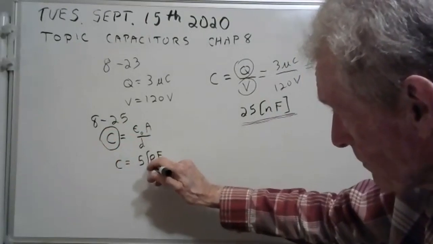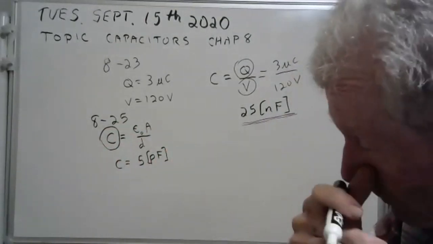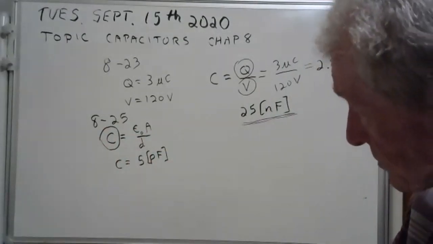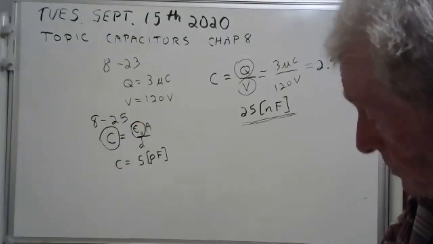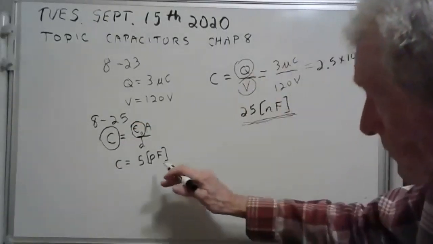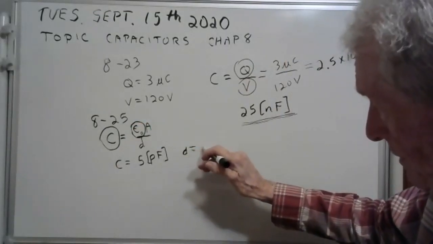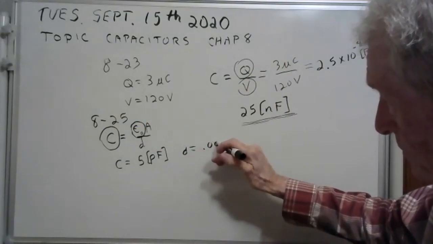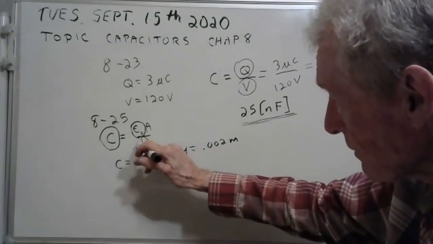Now, a pico is 10 to the minus 12. That doesn't scare us. And the distance apart is 2 millimeters, so that would be, in meters, 0.002 meters. So look here, we know everything but the area.